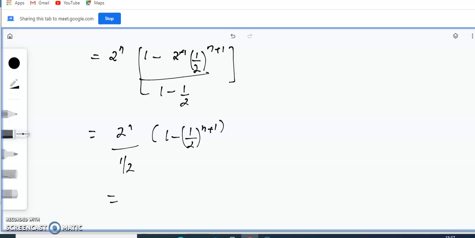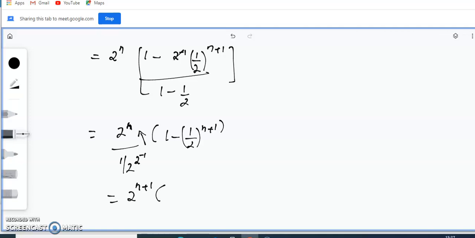So what is 2 raised to n divided by 1 by 2? This is 2 raised to minus 1, which will go upside and it will become 2 raised to n plus 1. Okay, 2 raised to n plus 1 is outside.